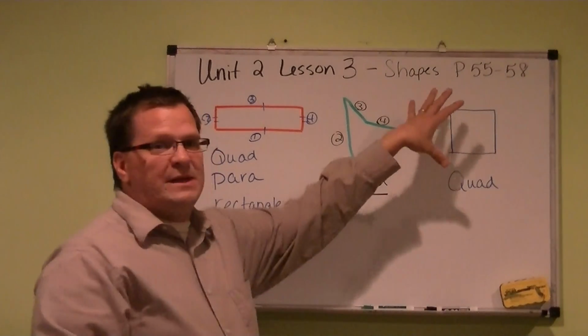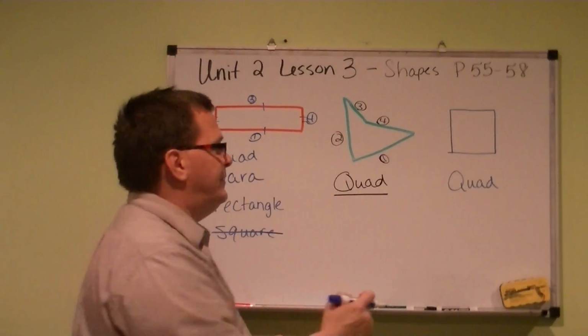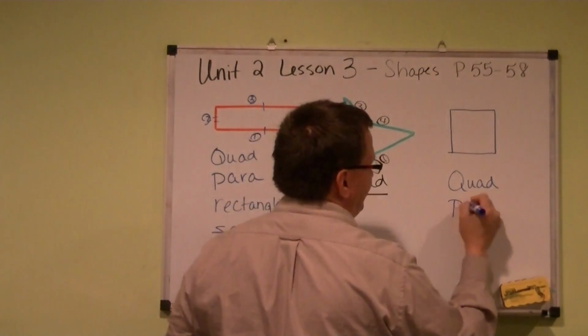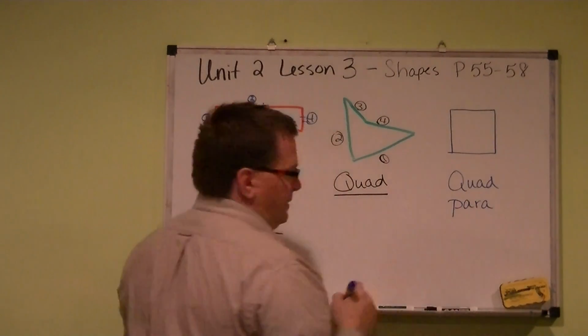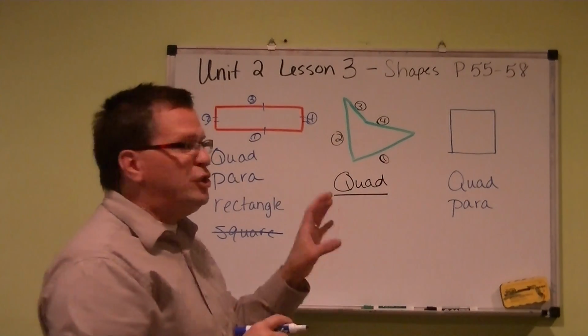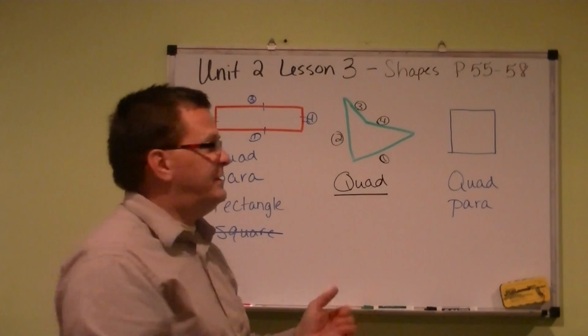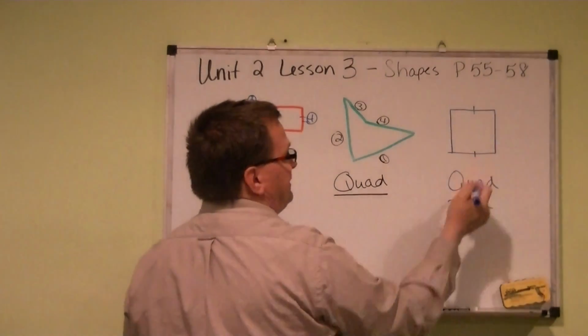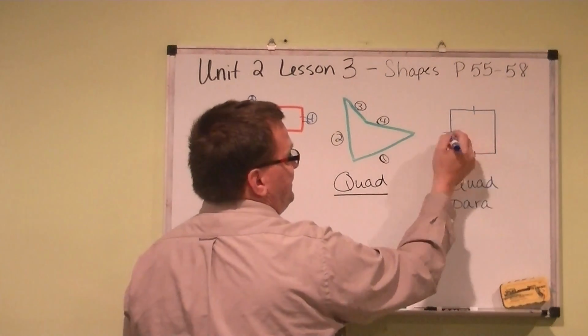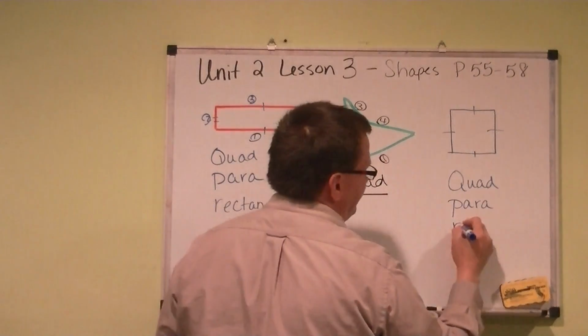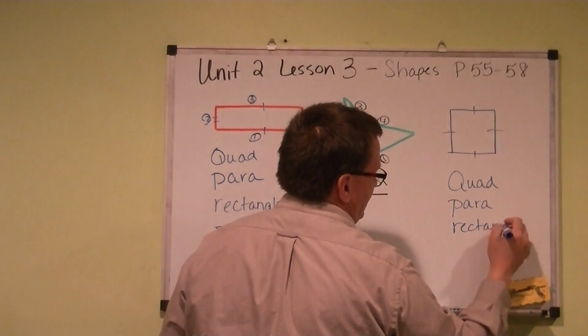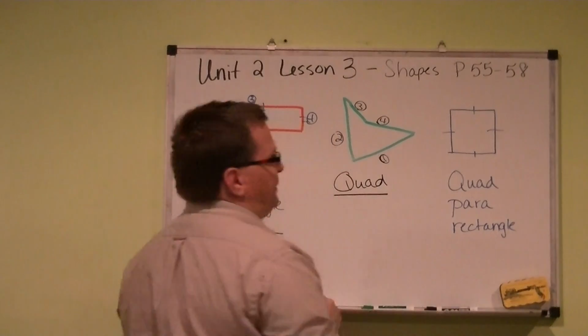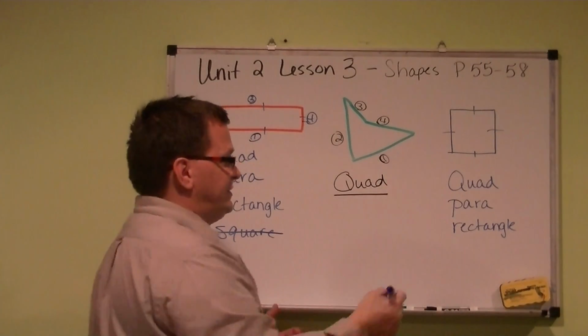Well, it's kind of like a rectangle, just bunched up, so it is definitely a parallelogram. Is it a rectangle? All squares are rectangles because they have at least 2 sides the same size. These 2 are, and these 2 are. So it is a rectangle. And the square has all 4 sides the same, so it is a square.